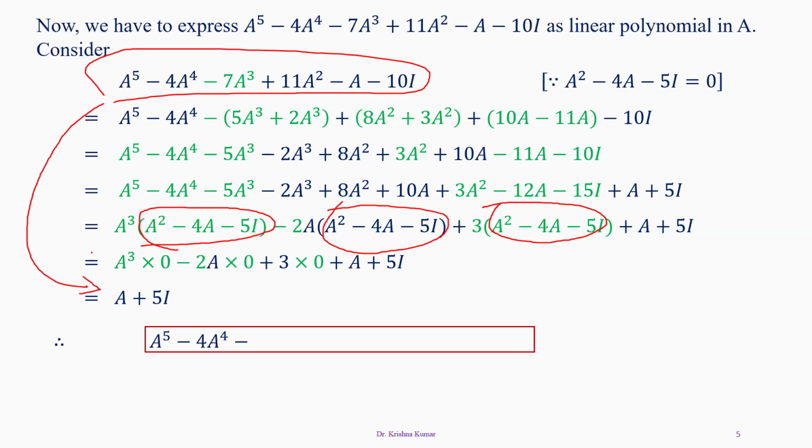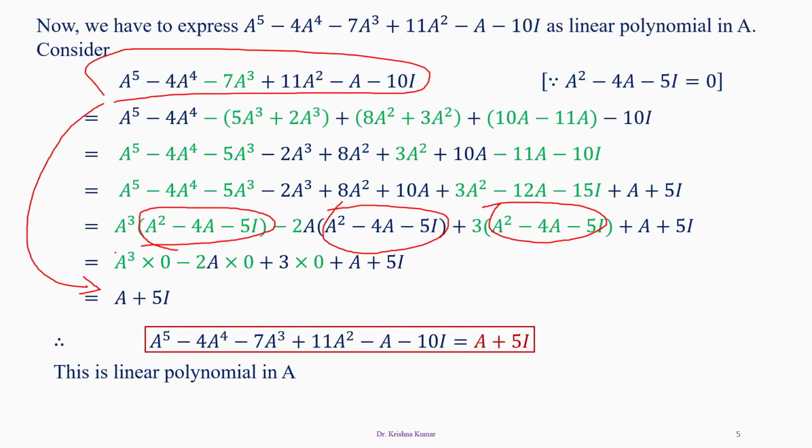Therefore, A^5 - 4A^4 - 7A^3 + 11A^2 - A - 10I is nothing but A + 5I. This is a linear polynomial in A.